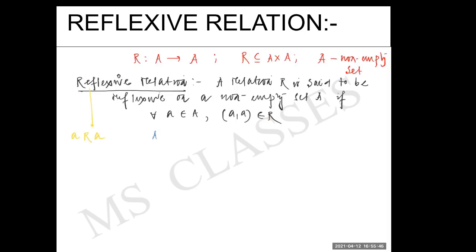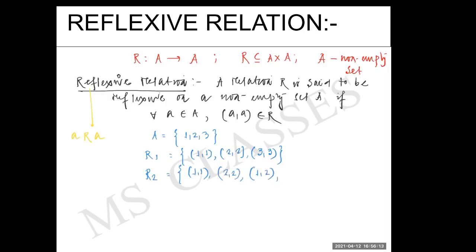Suppose I take A as the set {1, 2, 3}. I define a relation R1: (1, 1), (2, 2), (3, 3). I define another relation R2: (1, 1), (2, 2), (1, 2), (2, 1).